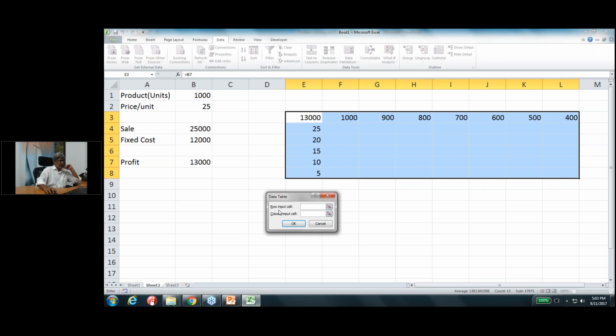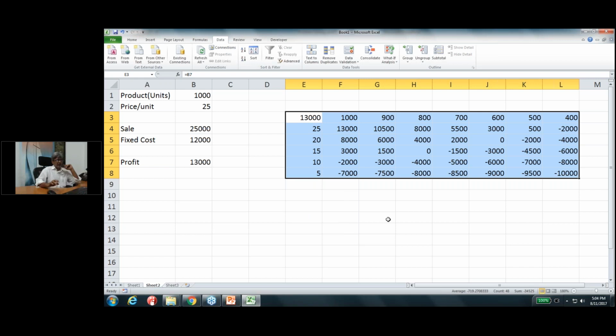Row input cell is the number of units. Just click this one, and then for the price we have this one, which is B2 for price. And if you click OK, you will see the different results.